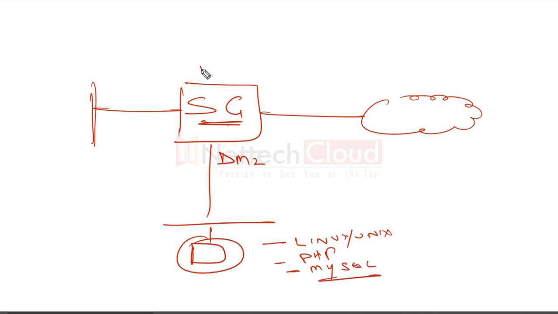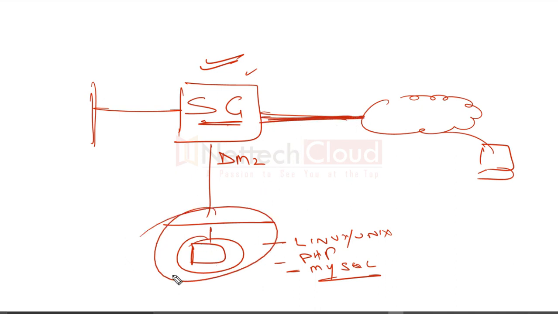Already on the gateway there is a static NAT policy created, and I'm sitting here on the external network side, right?